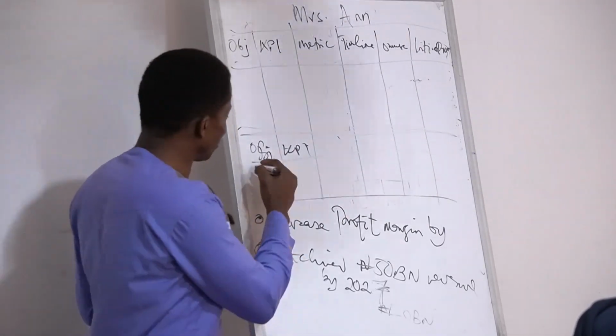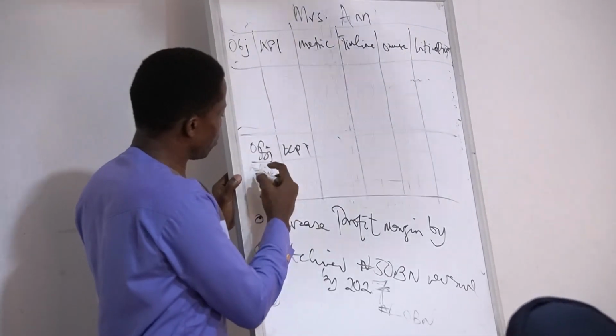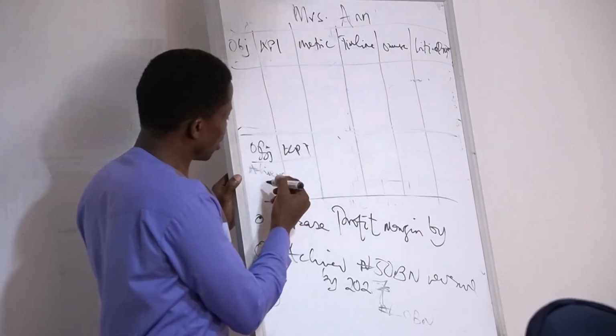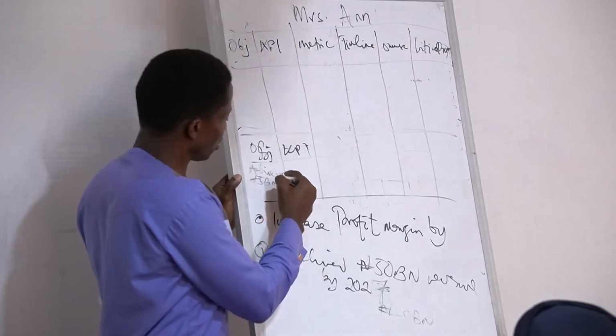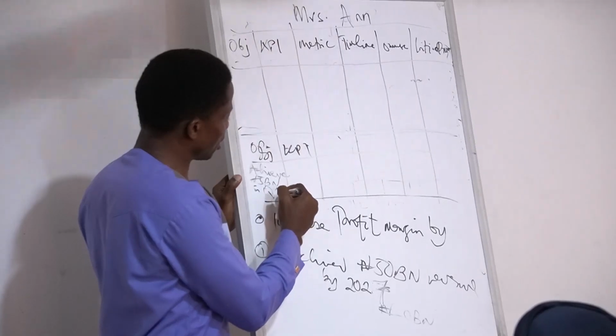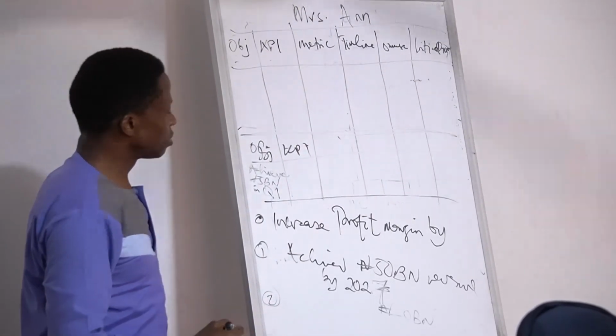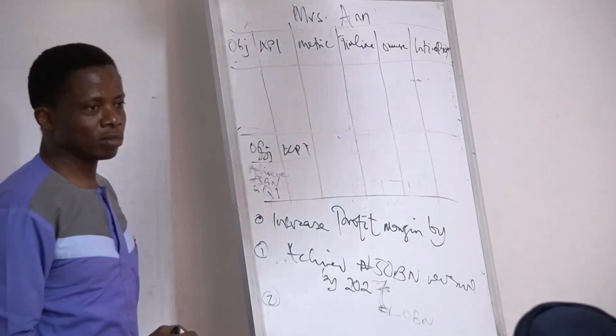Achieve 5 billion. Let me write it the way you are saying it. Oga Abaseki, this your marker is not marker. Achieve 5 billion in Q1, abi? Okay. Achieve 5 billion in Q1.